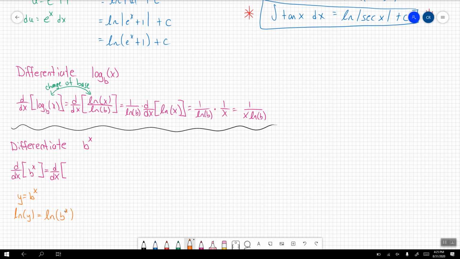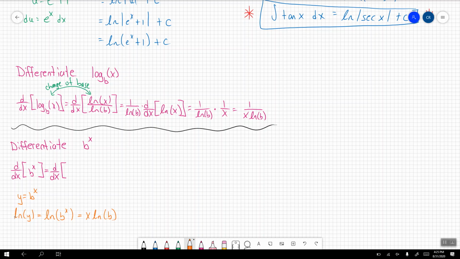But natural log of b to the power of x, since this has an exponent in the argument, could be rewritten as x times natural log of b. Now that's pretty nice because once we have this, we can get rid of the natural log of y on the left-hand side.